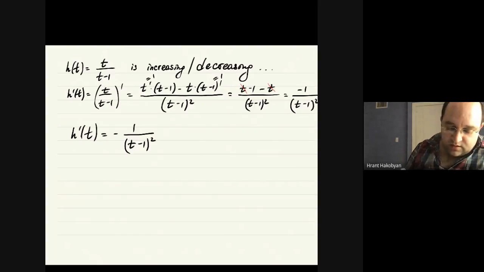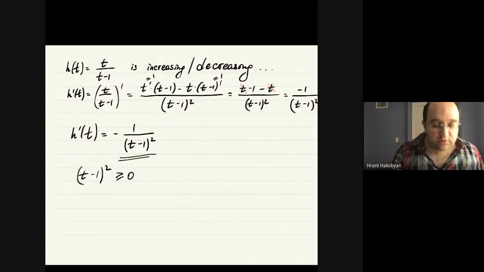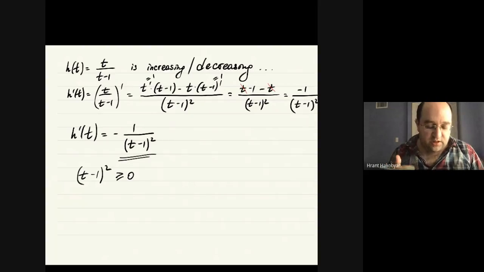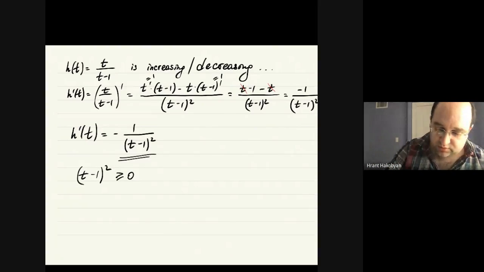What can I say about the denominator? The denominator is t minus 1 squared. Its sign is always non-negative, no matter what I do, except for t equals 1, where it is actually equal to 0. But I don't care about that particular point.